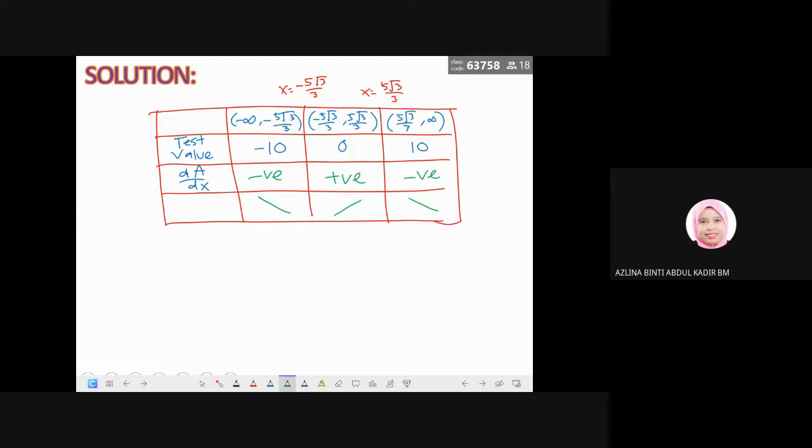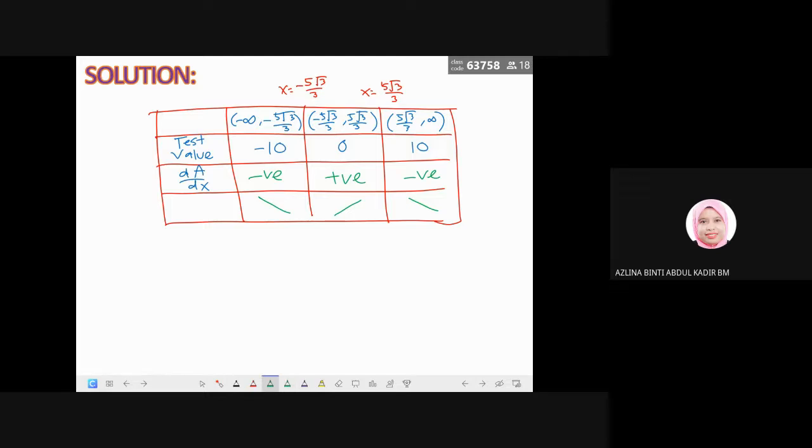Cepat. Ada ke tak ni? Amira, Hafizah, Nurul Nabila, Husna. Zuhairi, cuba jawab sekali. Berlaku dekat x equals to 5 root 3 over 3.